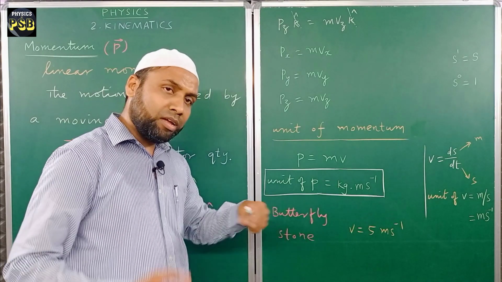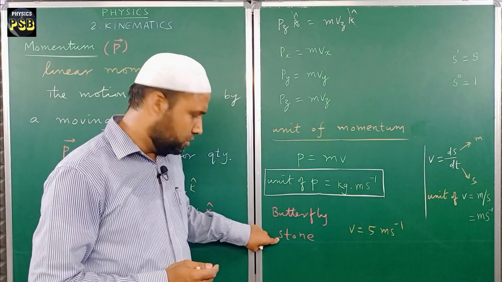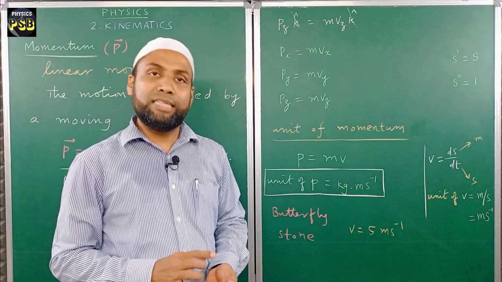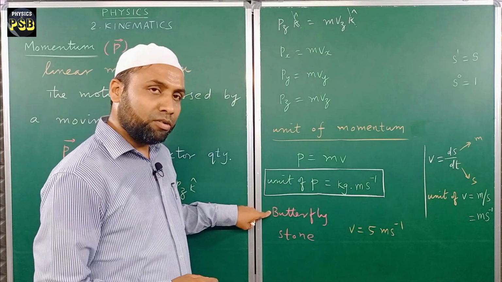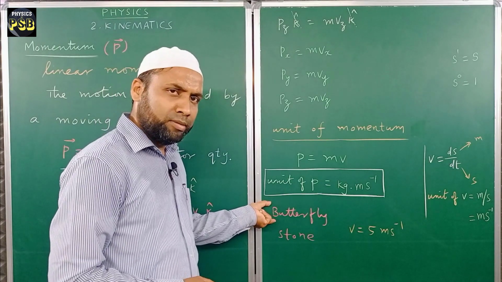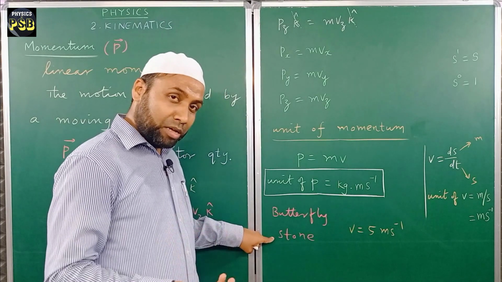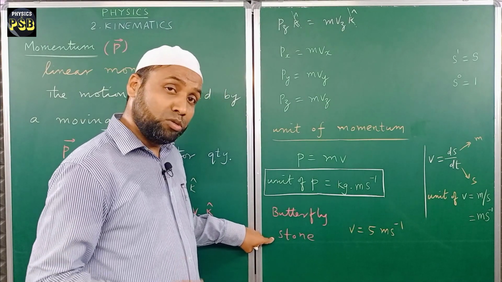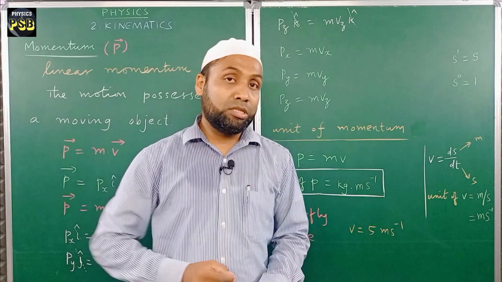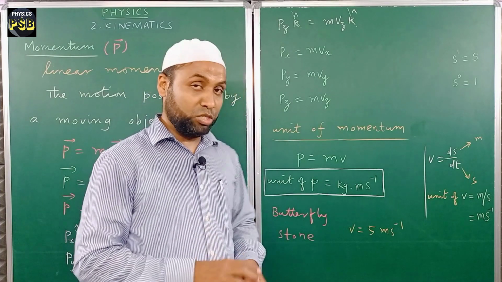When the butterfly hits you, you will not get hurt. But when the stone hits you with the same velocity, you will get hurt. The reason is the difference of mass. The mass of the butterfly is too small, so it possesses less momentum, whereas the mass of the stone is too high compared to the butterfly, so it possesses more momentum. That's why you get hurt when the stone hits you.